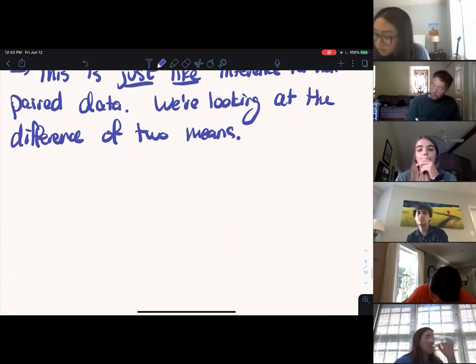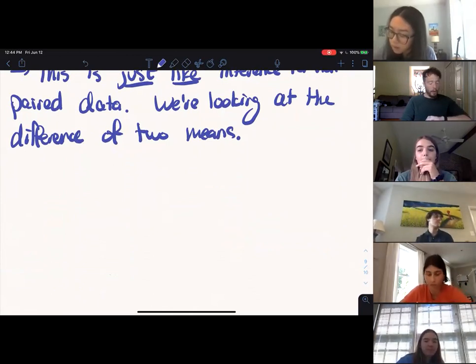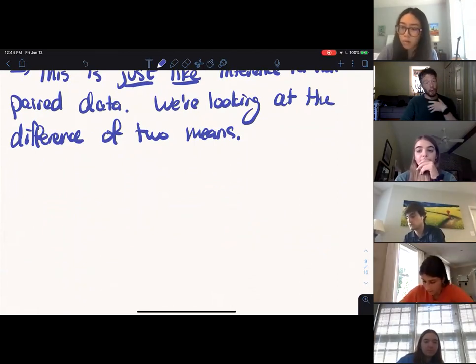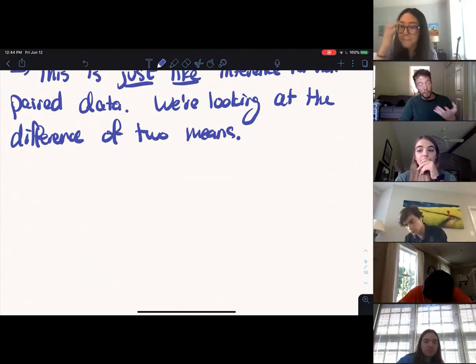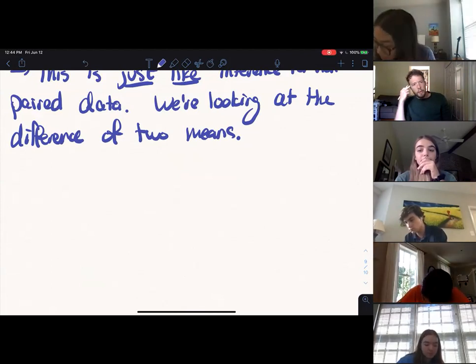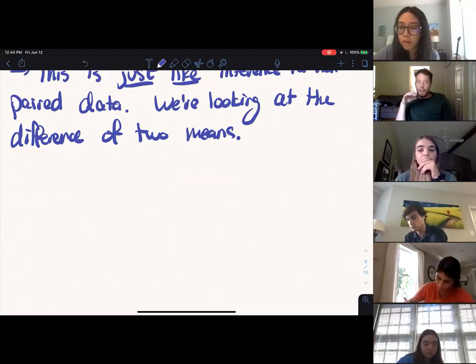So I'm going to do the first bit of inference for this, which is a confidence interval. I'm also teaching how to do a hypothesis test for this, which is of course the natural other thing we would do. But there's something about hypothesis testing for this that's kind of complicated, a really nuanced complication.